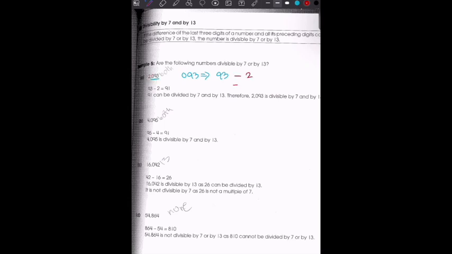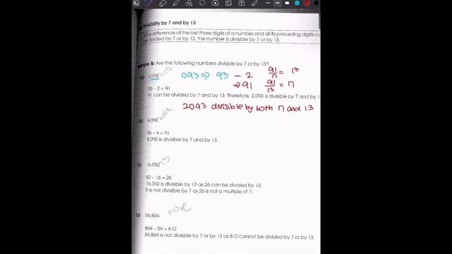So the difference is going to be 91. Now we're going to test whether 91 is divisible by 7 or 13. 91 divided by 7 gives us 13, and 91 divided by 13 gives us 7. So that tells us that 2,093 is divisible by both 7 and 13.